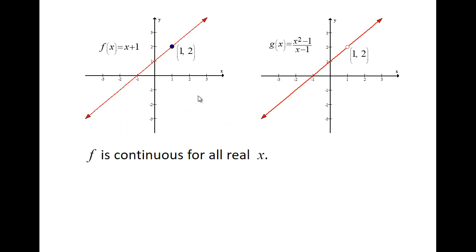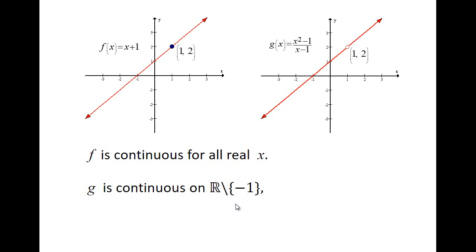Notice that f is continuous for all x, and g is continuous everywhere except at 1. One way to express that is that g is continuous on the set R slash negative 1 here.